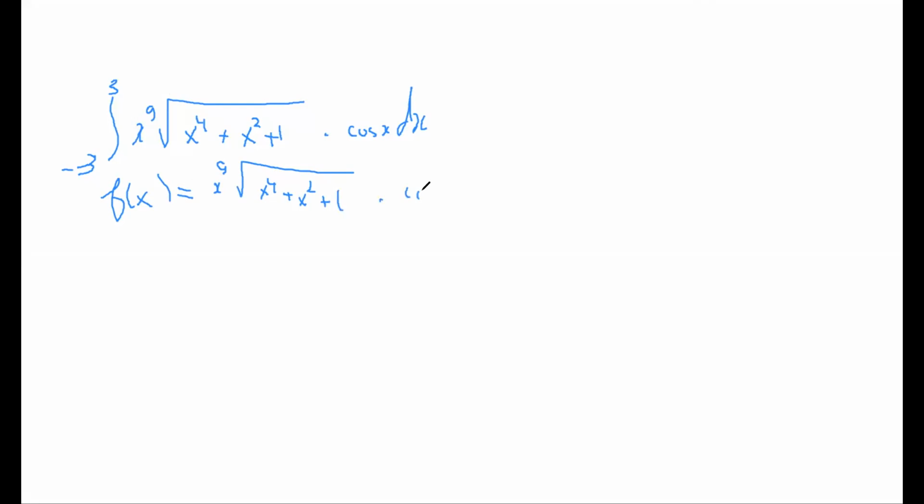Times cosine x is the f of x. What does f of minus x give? It becomes minus x^9 and radical x^4, radical minus x^4, becomes x^4 plus x square plus 1, times cosine of minus x, which is cosine x. It is equal to minus f of x, meaning f is odd.